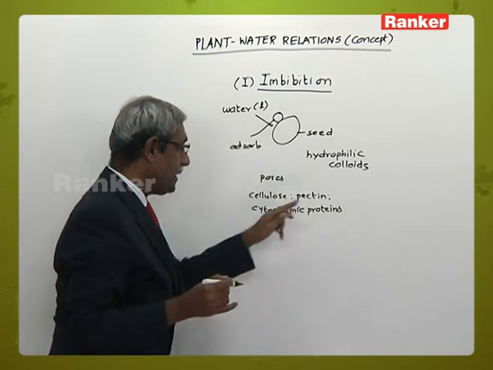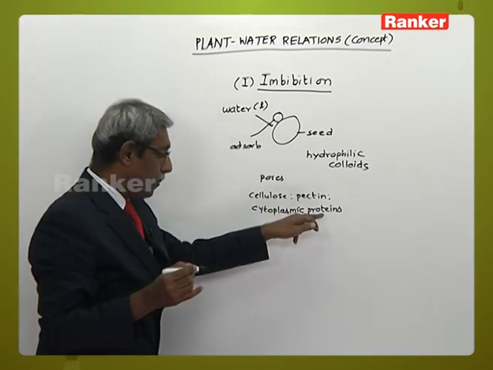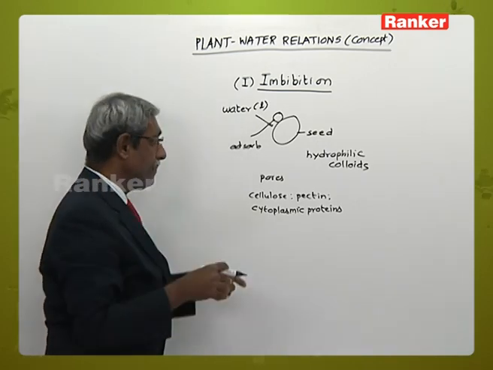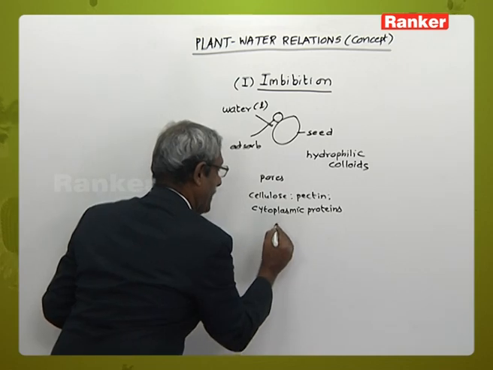So the cellulose, pectin and cytoplasmic proteins present on the seed coat can adsorb the liquid water, and thereby it develops a matrix potential.